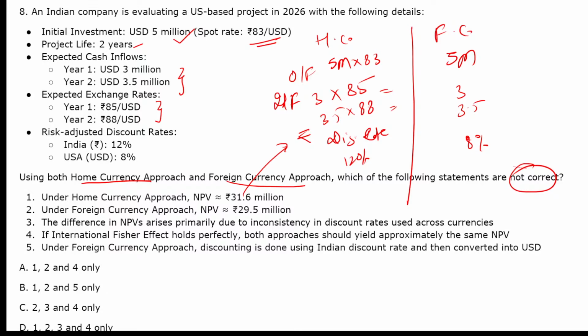After discounting, the present value of inflows will be 423, and the outflow was 5 million into 83, which will be approx 415.